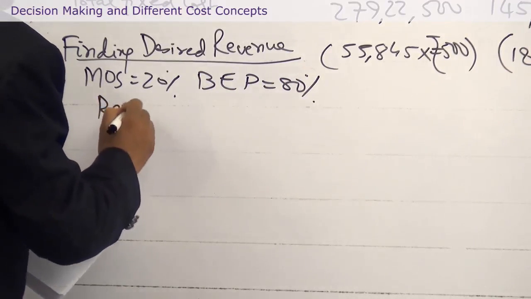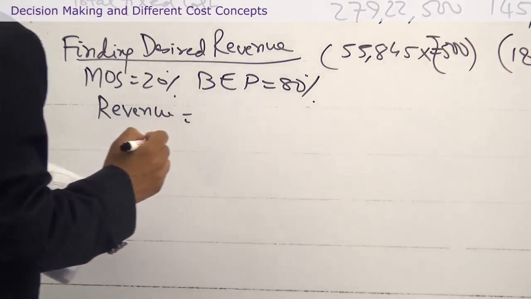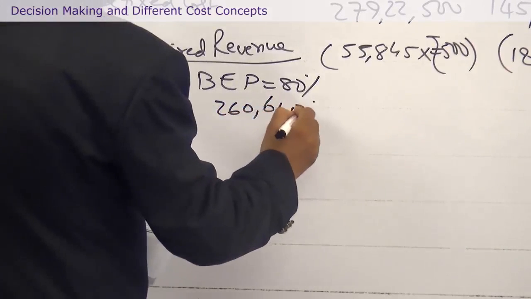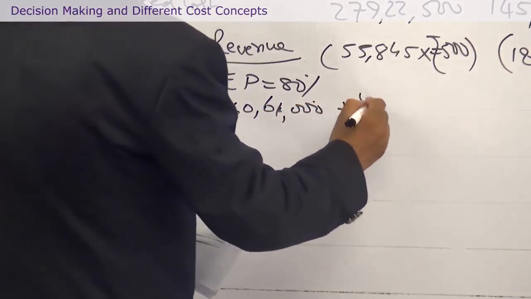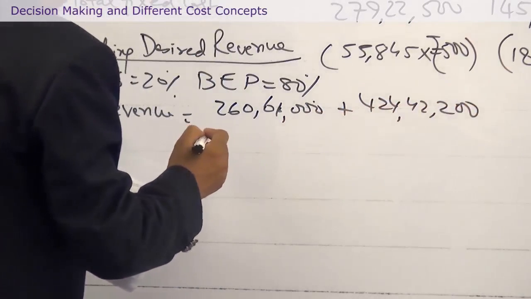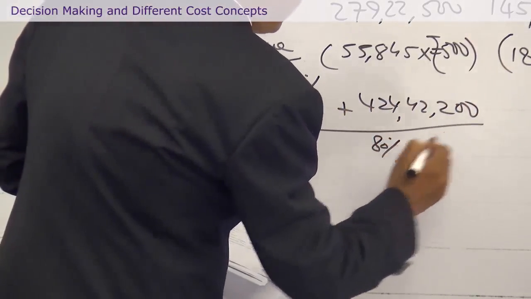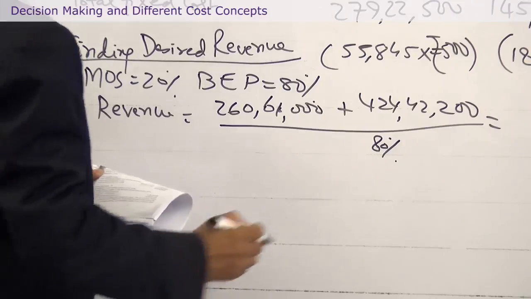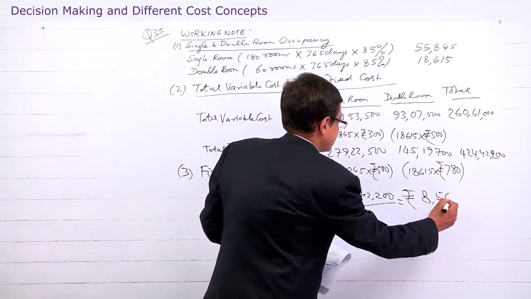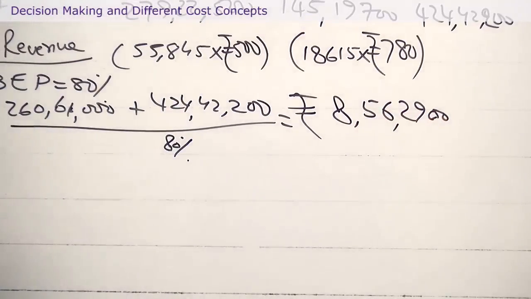So revenue will be how much? If you take this figure, 2 crore 60 lakh 61,000 and add 4 crore 24 lakh 42,200 and divide it by 80%, you will get the revenue, which is going to be 8 crore 56 lakh 29,000 rupees, right?